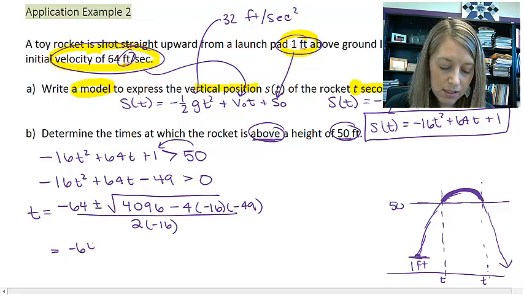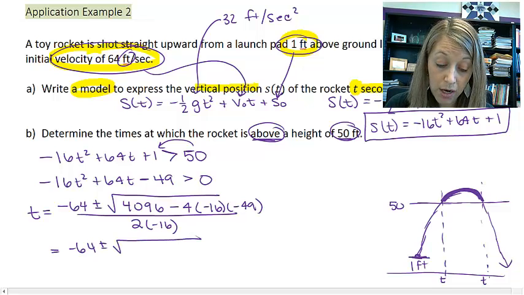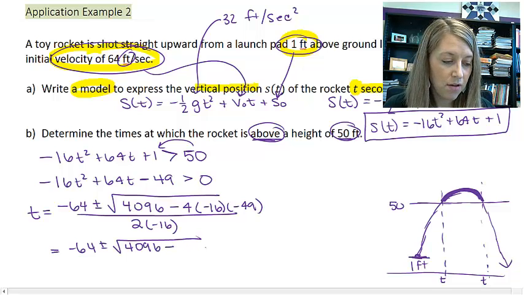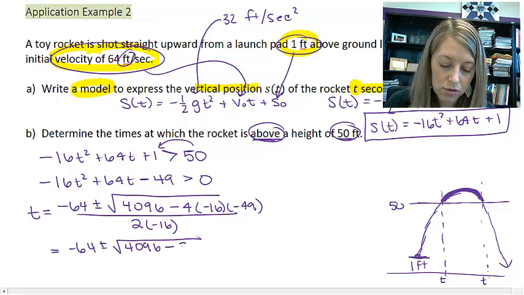So it gives me negative 64 plus or minus 64 squared, which gave me this 4,096, minus 4 times 16 times 49, which is 3,136, all over a negative 32.